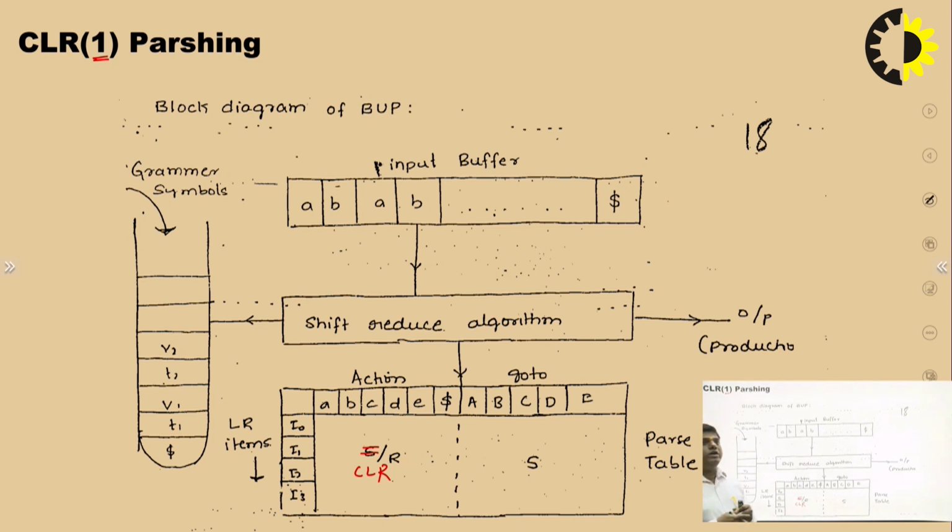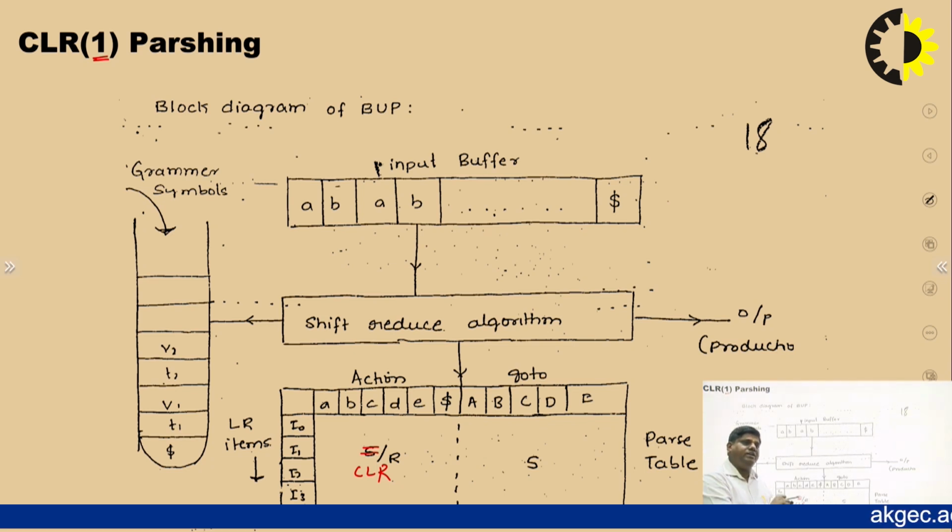What is the use of the look ahead symbol we include in CLR parsing? When we construct the parsing table, for the reduction rule in SLR parsing we write all the terminal symbols. But when the look ahead symbol is contained in the CLR parsing table, we write the reduction rule only where the look ahead symbol is present.